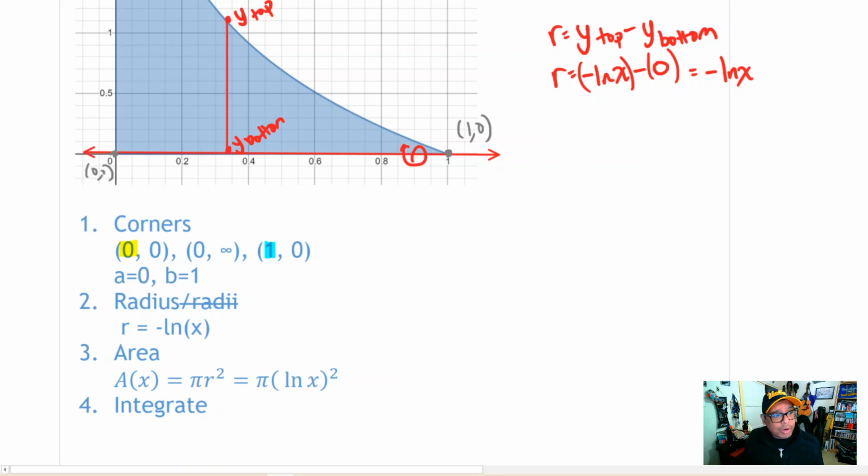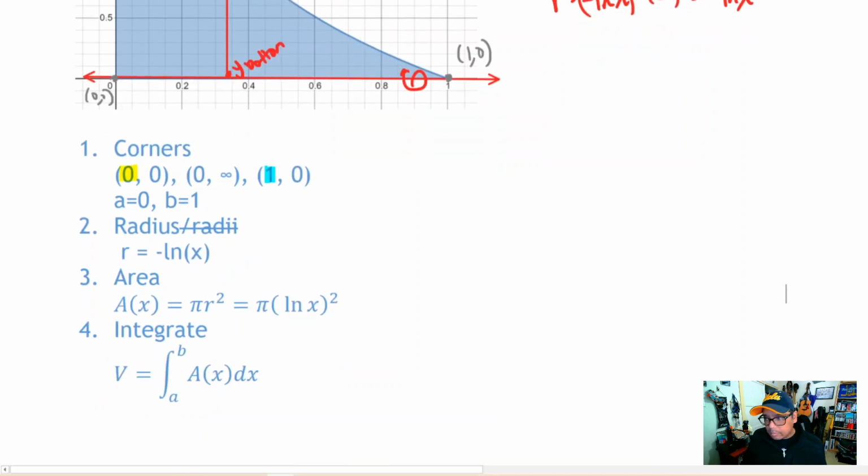Moving on to the integration formula. We know that the volume is the integral from a to b of the area formula. We know a is 0. We know b is 1. And we know the area formula is pi natural log of x squared. So this problem is all finished except for the integration, which we'll do now.